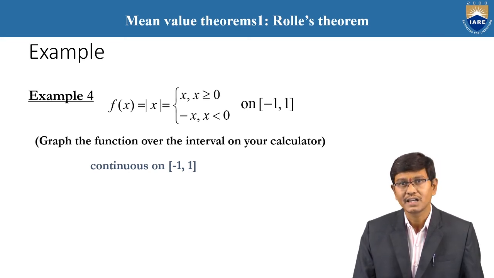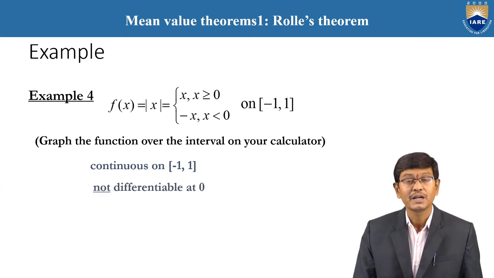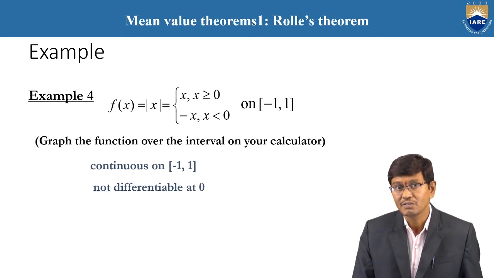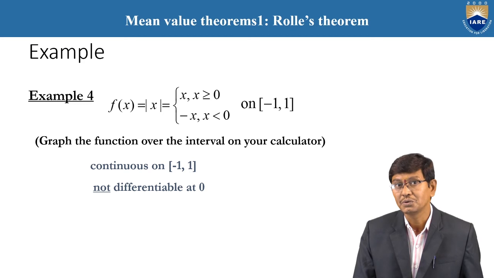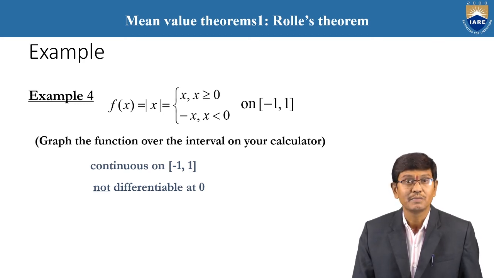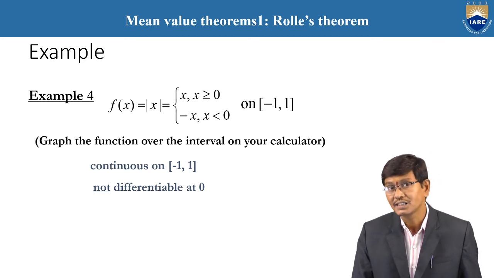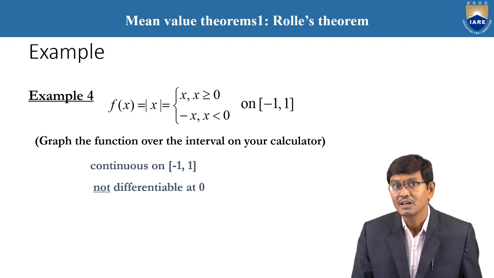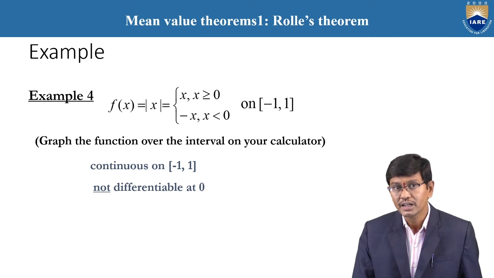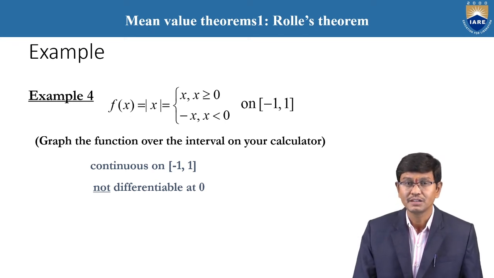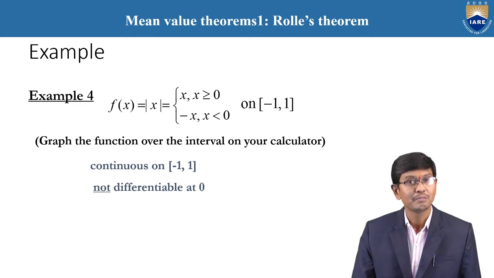Next one, clearly whether the function f of x is continuous or not. The function is continuous on minus 1 comma 1, but it is not differentiable at the point 0. Why? Because at x equal to 0 the LHS limit is equal to minus 1, whereas the RHS limit is equal to plus 1. According to the first principle, when we replace x with 0, the LHS limit is minus 1, but the RHS limit is plus 1.